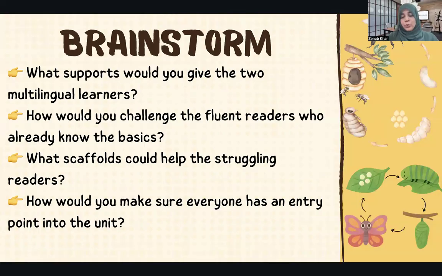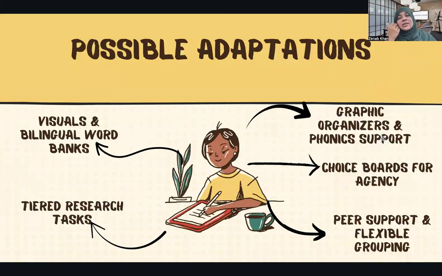If I move on with the possible adaptations, let's discuss. Let's look at now how Miss Jenny could adapt her life cycle unit for this diverse group of learners. For the two multilingual learners, I suppose she can use visuals, label diagrams, and even a bilingual word bank so they can connect vocabulary in both languages.